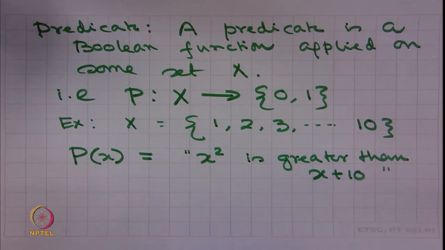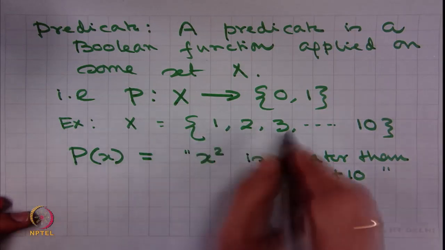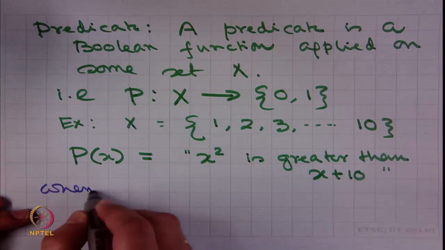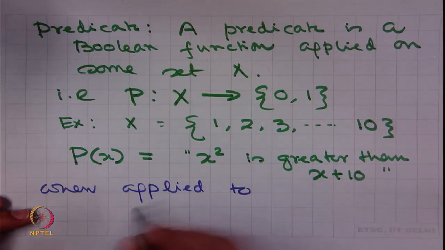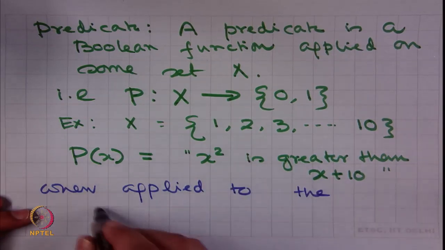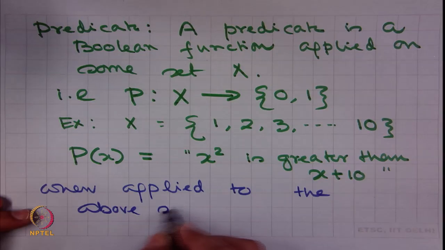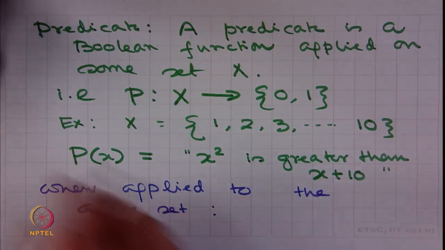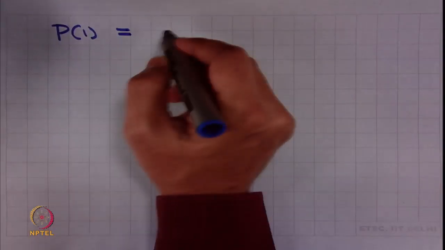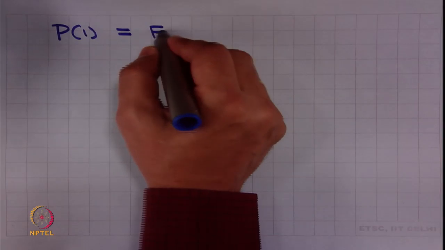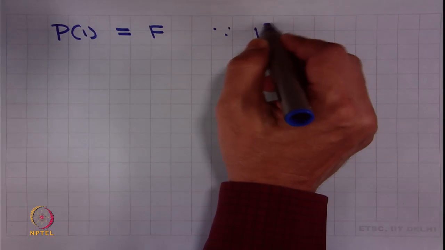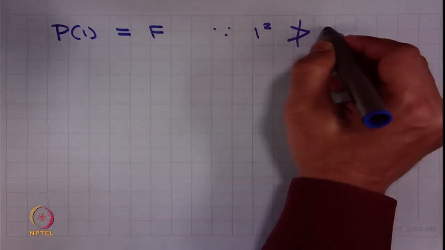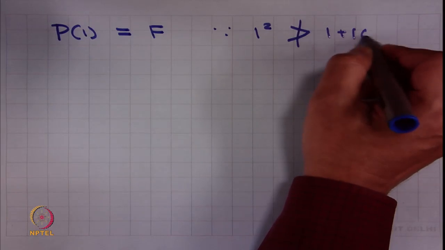Therefore, when applied to the above set, we get P of 1 is false, since 1 square is not greater than 1 plus 10.